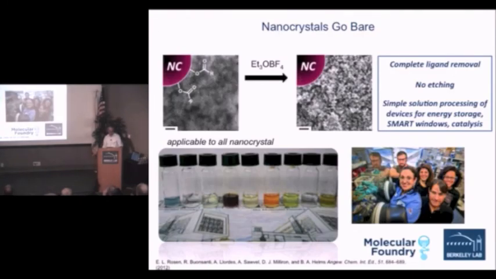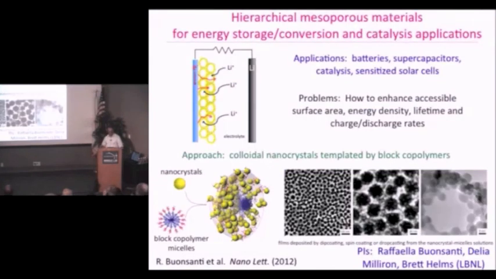A very recent and exciting development is the ability to strip nanocrystals of their coverings. And this is done mainly under the leadership of Delia Milliron and Brett Helms, where they have been able to figure out a way of routinely stripping nanocrystals off these capping organic units and assemble them, and allow really the chemistry to go beyond what has already been possible for nanocrystals.